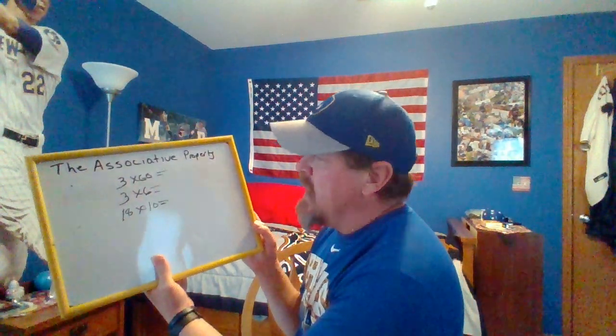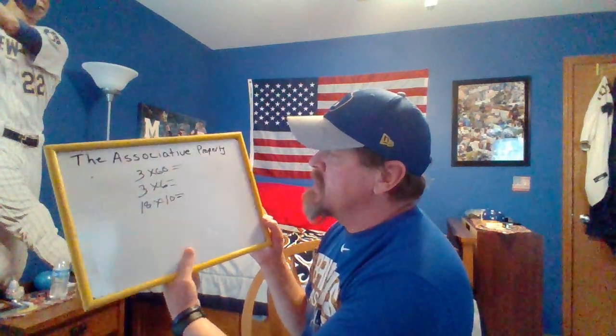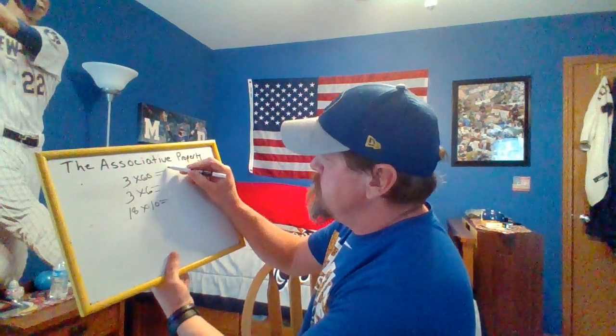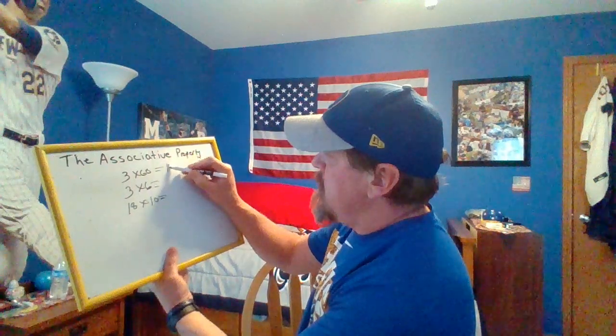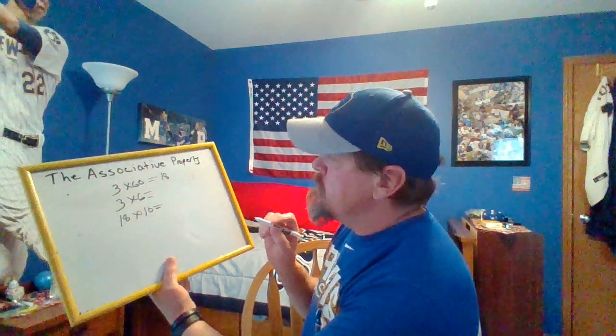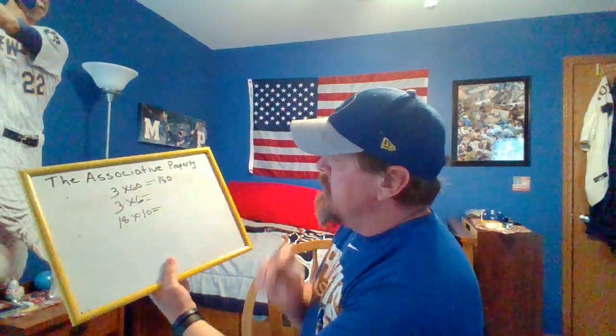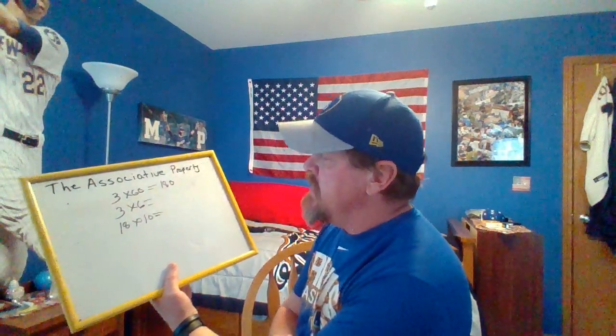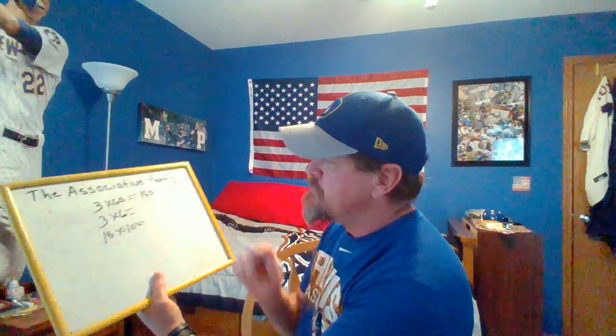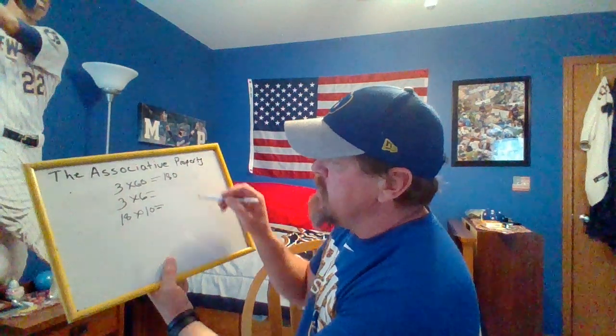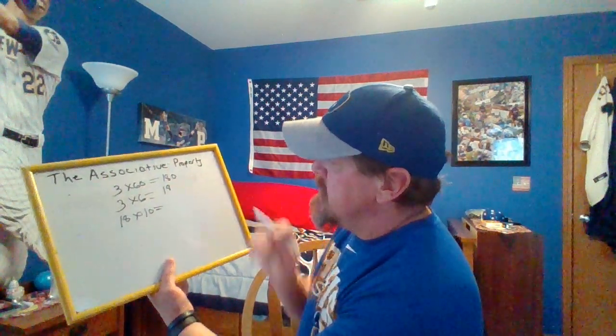All right, once again, I know that 3 times 6 is 18. If I add the 0, I have 180, so 3 60s is 180. Okay. I also know that 3 times 6 is 18.